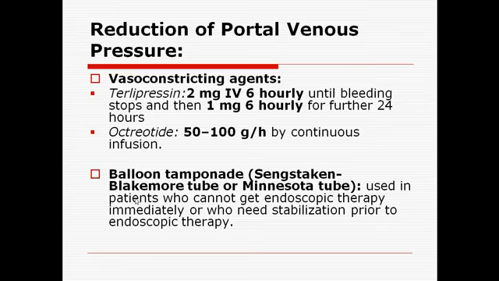We have to reduce the portal venous pressure with the help of vasoconstricting agents like terlipressin and octreotide. You have to know the names of the two drugs, terlipressin and octreotide.